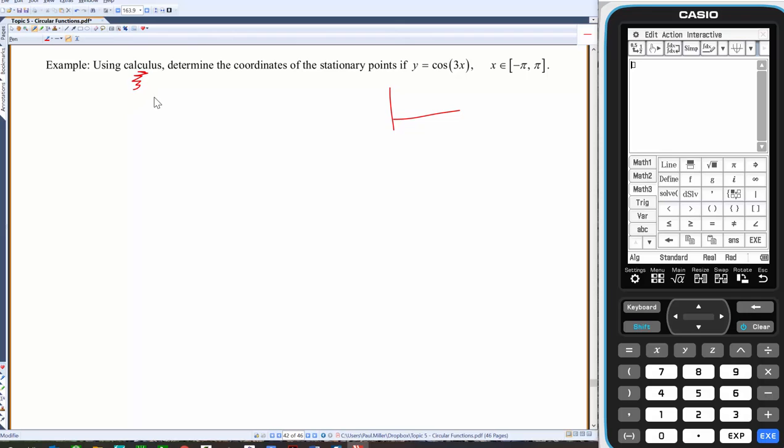All right, so the first thing I'm going to do is get dy/dx, and that equals -3 sine 3x. Now what we're going to do is find out when the stationary points occur, which is when dy/dx is equal to 0.